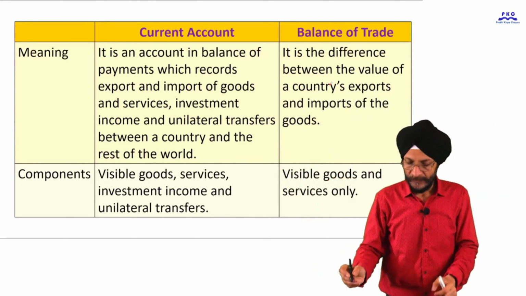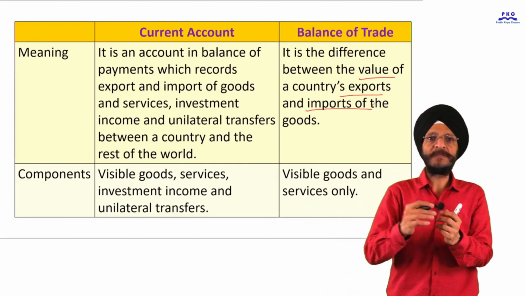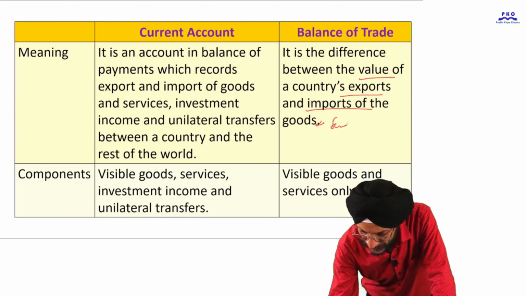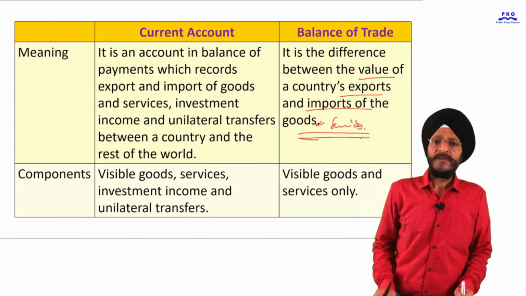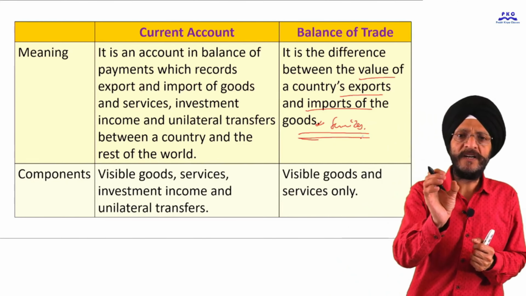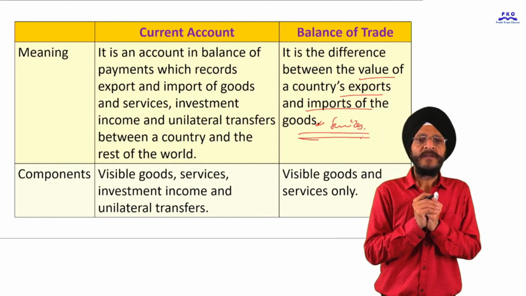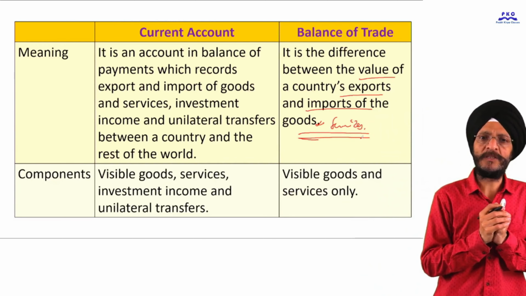On the other hand, balance of trade is the difference between a country's exports and imports of goods and services. If we say that balance of trade is concerned only with export and import of goods, it is the narrower definition of balance of trade.